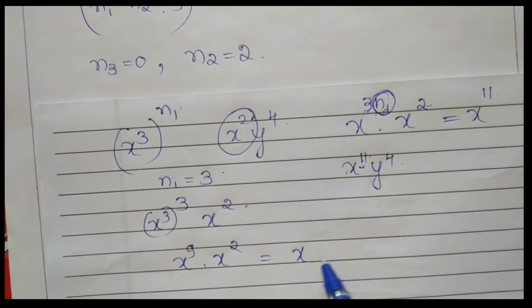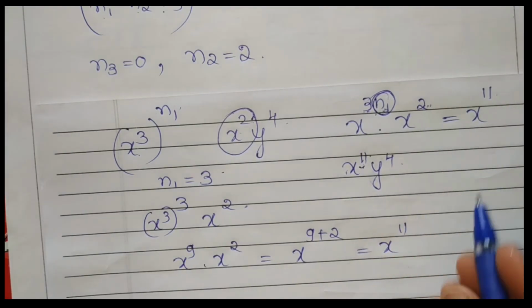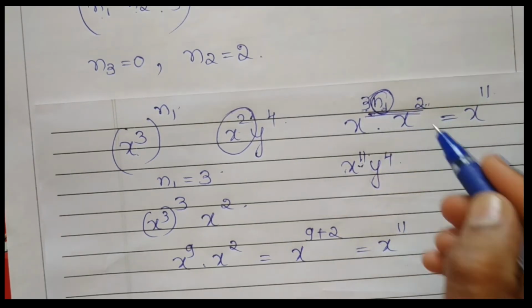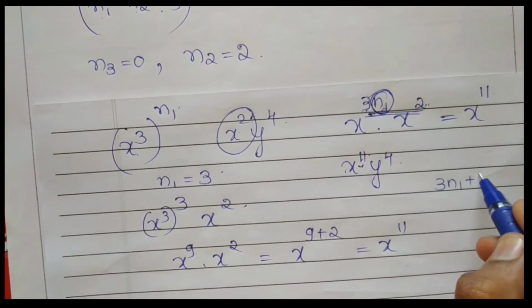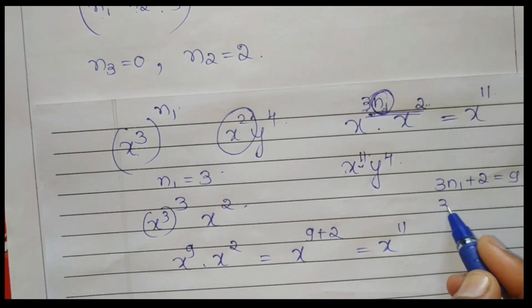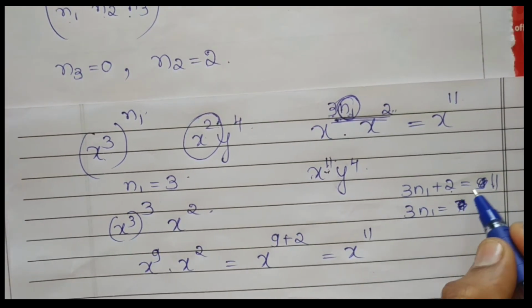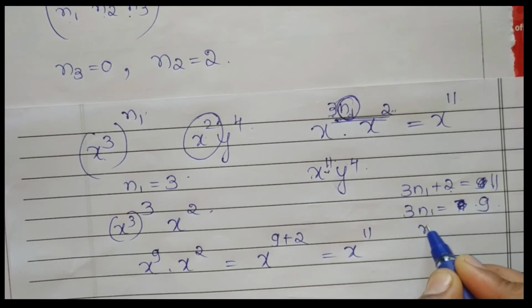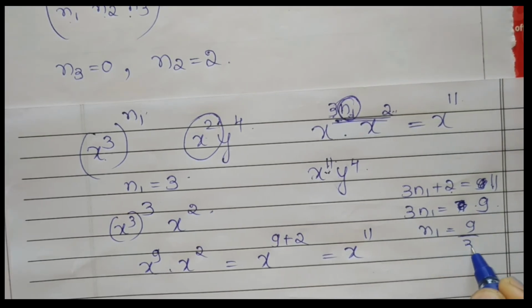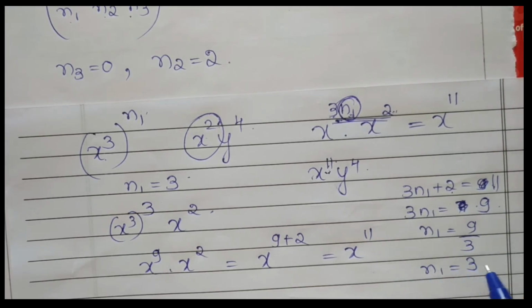What is that? x raised to 9 plus 2, which is equal to x raised to 11. Okay, so this 3n1 plus 2 is equal to 11. Sorry, it is 11. So 11 minus 2 is 9. So n1 is equal to 9 by 3. It is n1 is equal to 3.